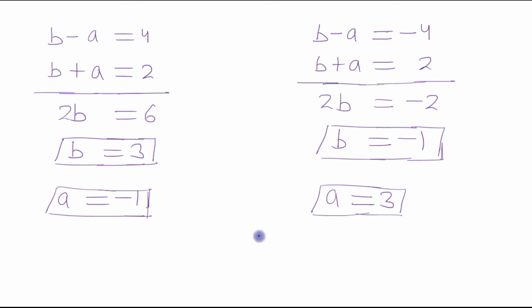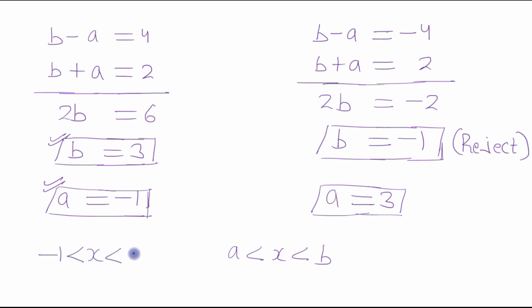Now we know that in case of uniform distribution, the limits are given in this way, that x lies between a and b. So we will reject this one, and the value of b will be 3 and a equals minus 1. So the limit will be minus 1 to 3. Okay.